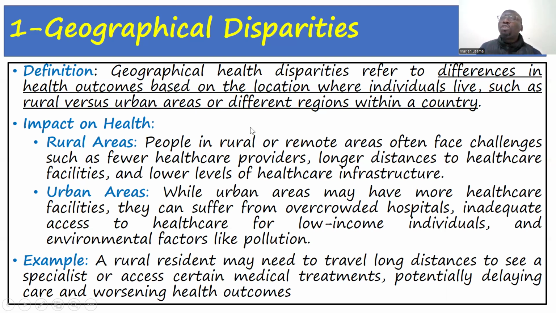So in rural areas, they face a lot of challenges because they don't have enough healthcare providers, or the distance also. But in urban areas, in towns, sometimes, of course, they have their own challenges, overcrowding, inadequate access, and so on. So sometimes the difference is based on location.